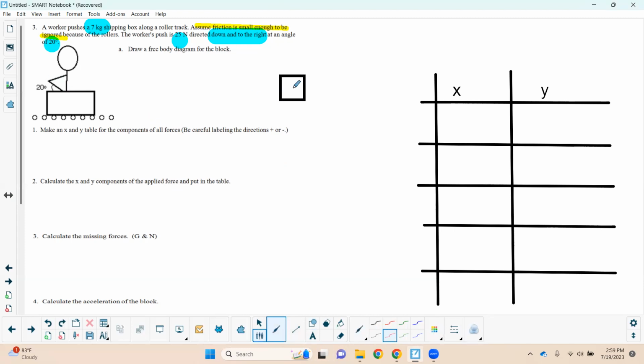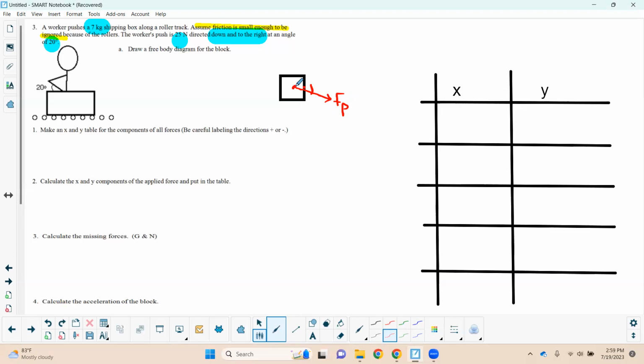So the person is pushing down and to the right, and it's at 20 degrees. So straight down would be 90 degrees. Horizontally across is 0. So it's closer to 0. So maybe like that. And this is just a sketch to get a feel for it. And I'm going to label that the force of the person. So I'm just going to say P for person. And that's kind of at this angle here, which is 20 degrees.